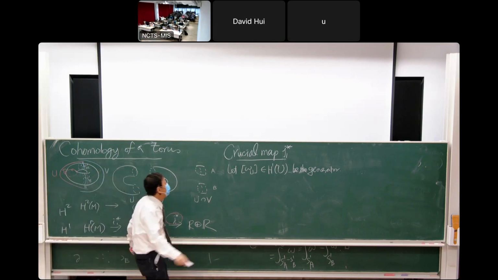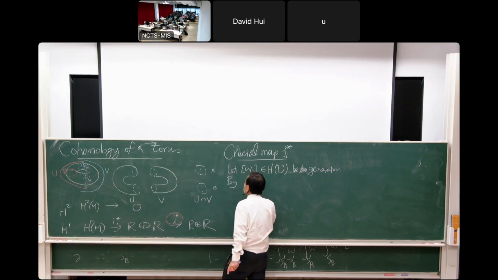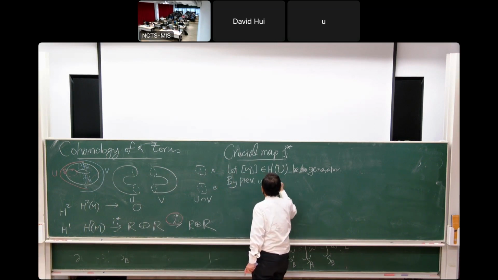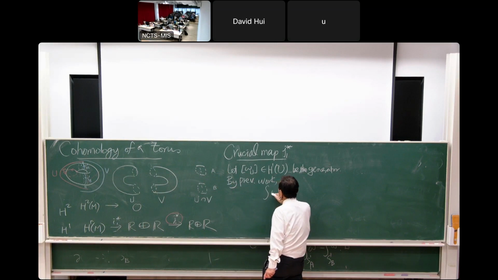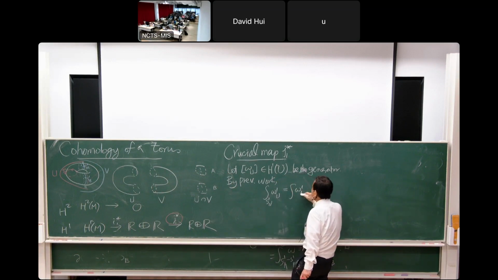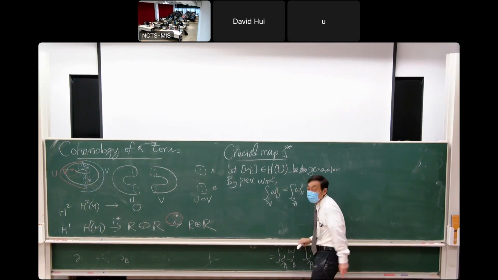So I know that by what I have done before, I should have called it a lemma by previous work. I know that the integral of omega U on S1U is the integral of omega U on S1A.